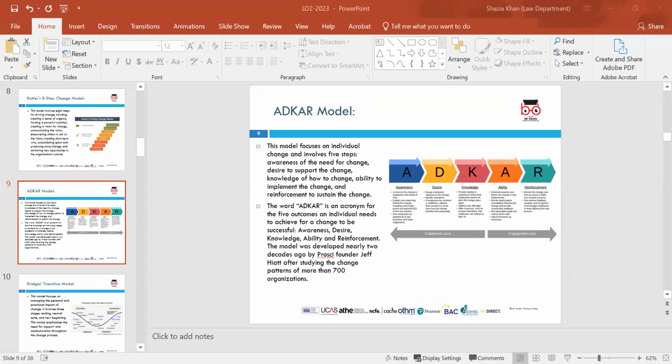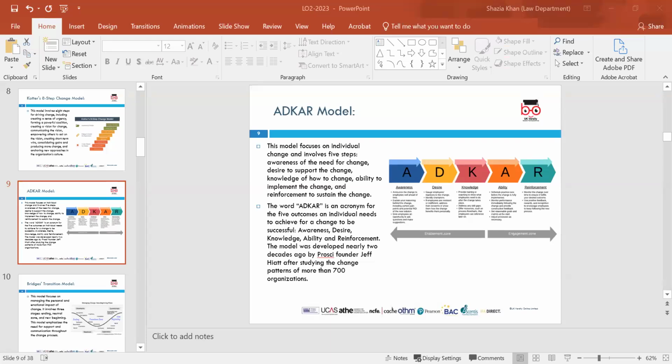This includes teaching employees the new processes and new tools, making sure they're prepared for that. And then the ability: while knowledge equips individuals with know-how, ability ensures that they can apply it in real life situations. So this focuses on building the skills and removing barriers to change to prevent any unsuccessful execution. So developing the skills here.